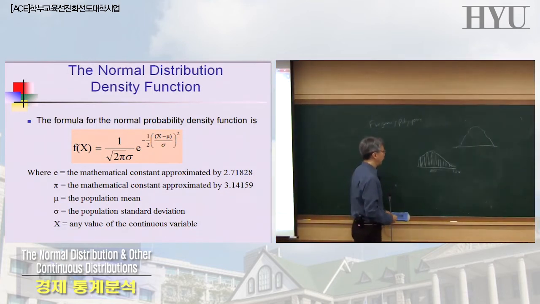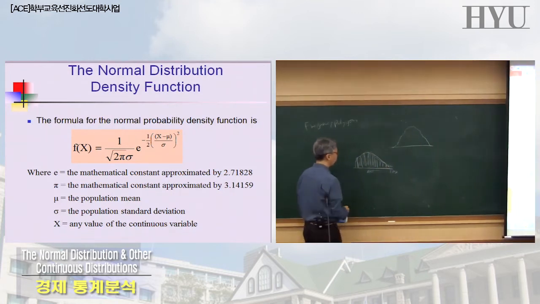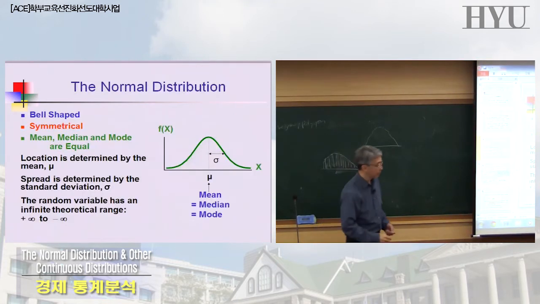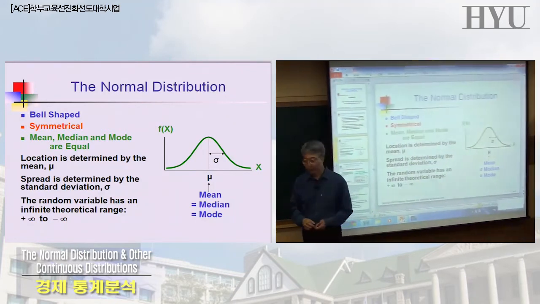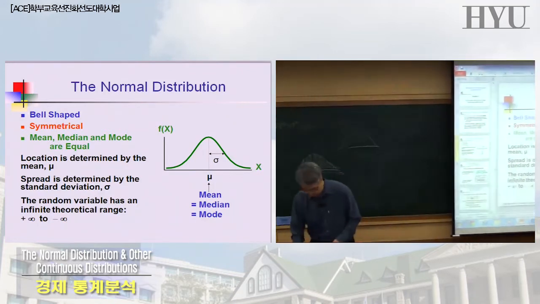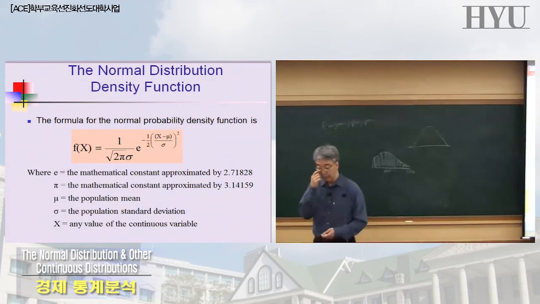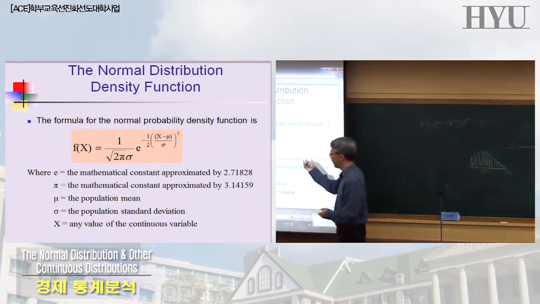But if you have many bars like this, and you connect all the bars on the top, that's how we get this kind of curve. And for normal distribution, statisticians worked on some ideas, and they came up with the equation of the curve, the function of the curve. And they came up with this complicated function.